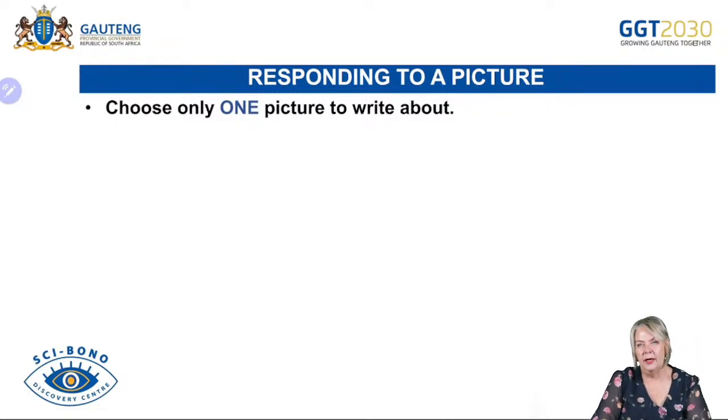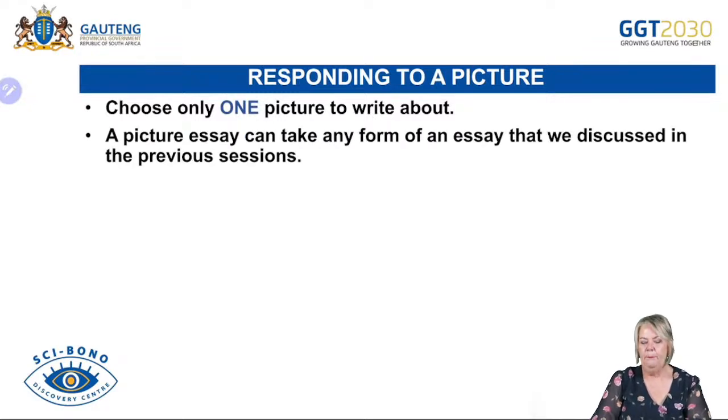Now, in the instructions, you will be told to choose only one picture to write about. A picture essay can take any form of an essay that we discussed in the previous sessions. And just a quick recap, we have a narrative, the story; argumentative, that's when you take a specific position; discursive, when you discuss two sides of a situation and weigh up the pros and cons, the advantages and disadvantages.